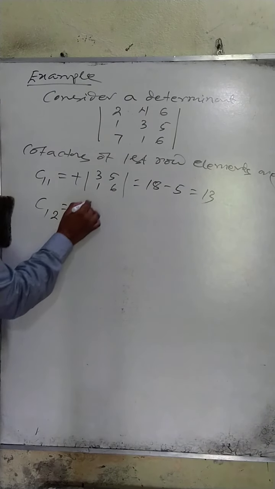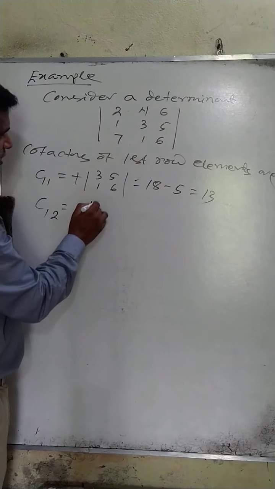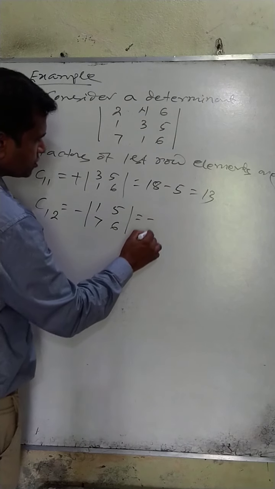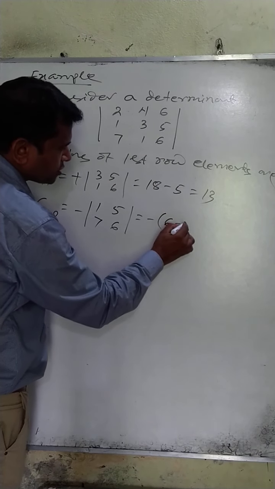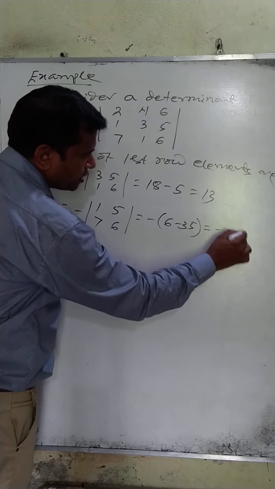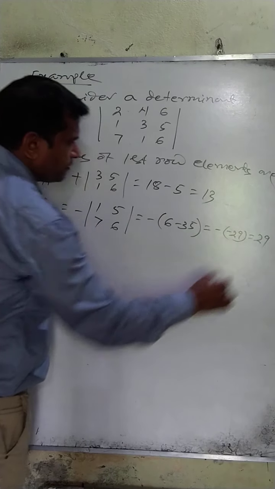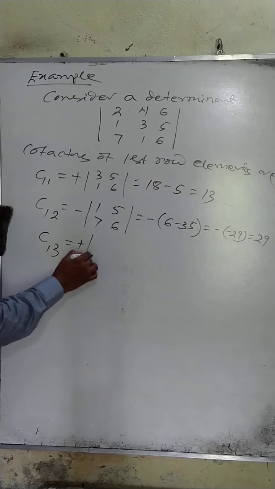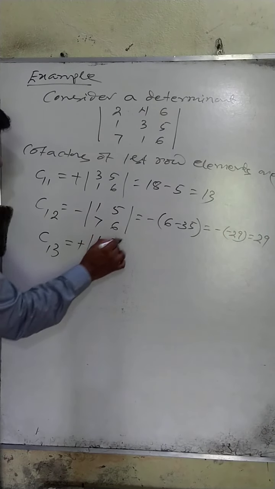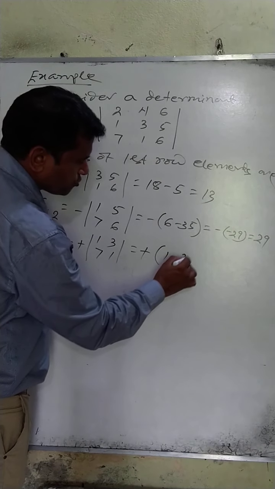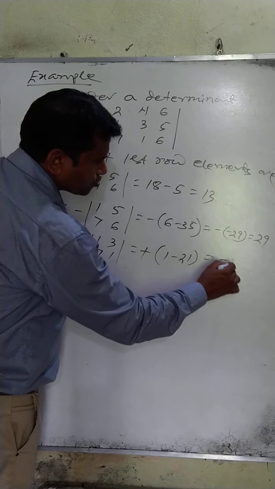C12 equals minus of the determinant 1 5, 7 6, that equals minus of 6 minus 35, that equals minus of minus 29, that equals 29. C13 equals plus of the determinant 1 3, 7 1, that equals plus of 1 minus 21, that is minus 20.